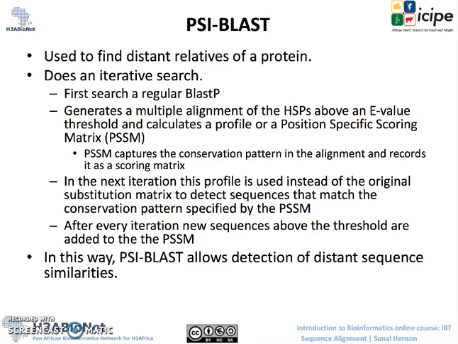Now, this larger group is used to construct another profile, and the process is repeated till no more HSPs above the threshold can be found, or till convergence is reached. By including related proteins in the search, PSI-BLAST is much more sensitive in picking up distant evolutionary relationships than a standard protein-protein BLAST.